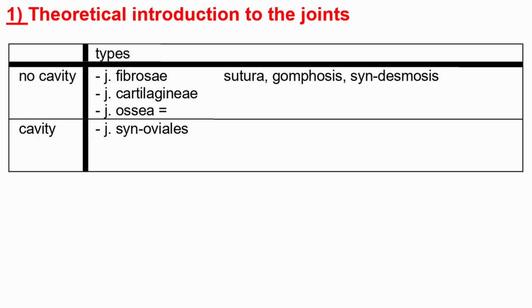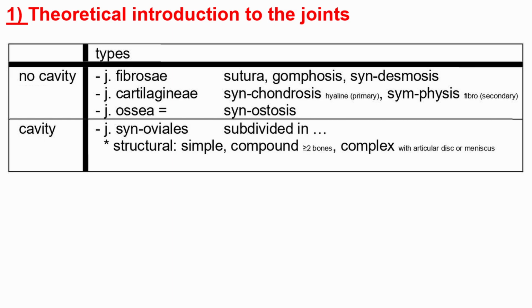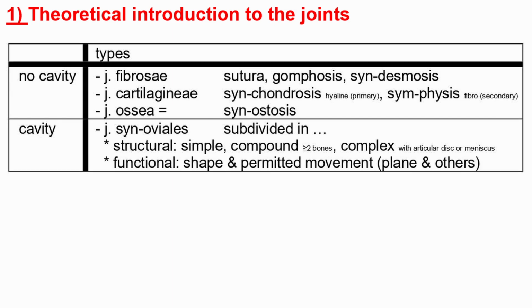The cartilage joints are divided into synchondrosis, made of hyaline or primary cartilage, and symphysis, made of fibrocartilage or secondary cartilage. The bony joints are also called synostosis. The synovial joints can be subdivided by structure into simple, compound, and complex, and by function.